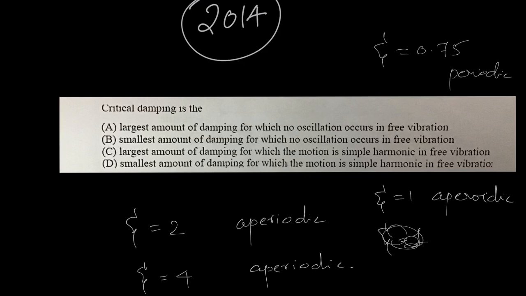That makes sense, because when zeta falls below 1, or let's say zeta is 0.99, then we have some amount of oscillation. So the c value corresponding to zeta equal to 1, or where c is equal to cc, corresponds to the smallest amount of damping for which no oscillation occurs in free vibration. Makes sense? So B is the right answer.